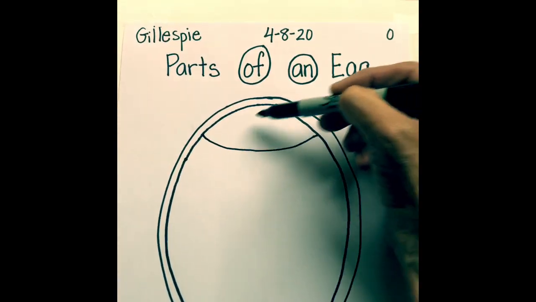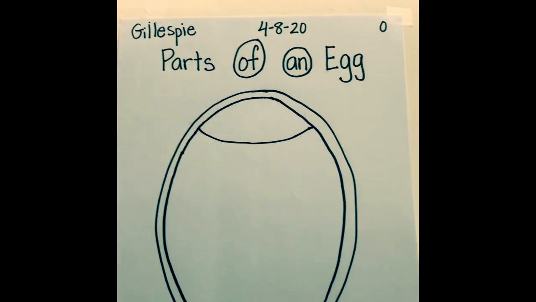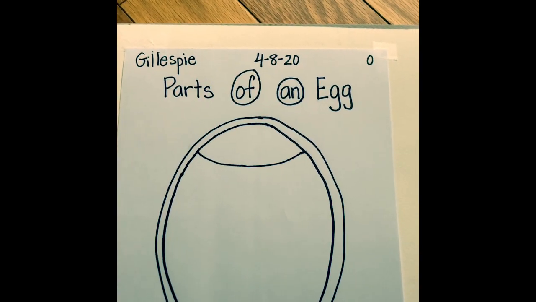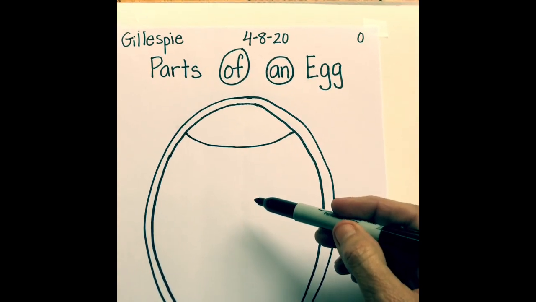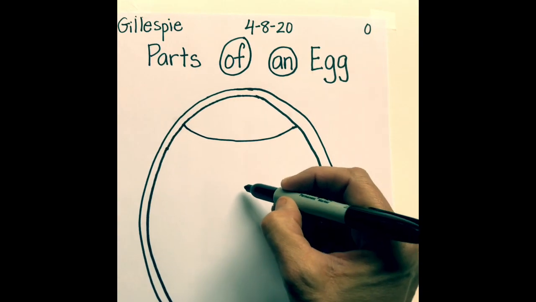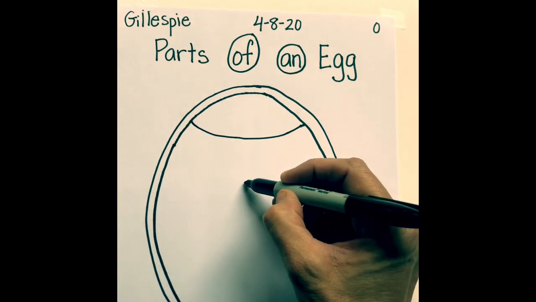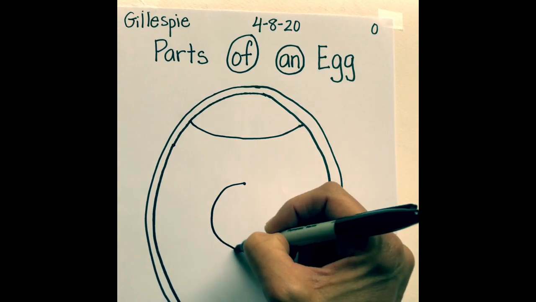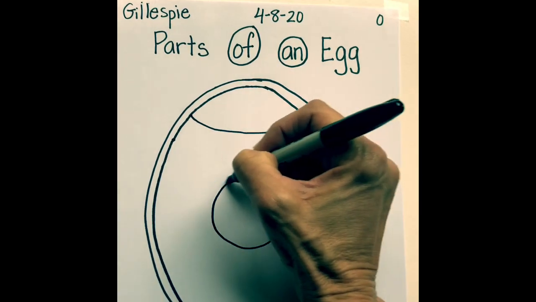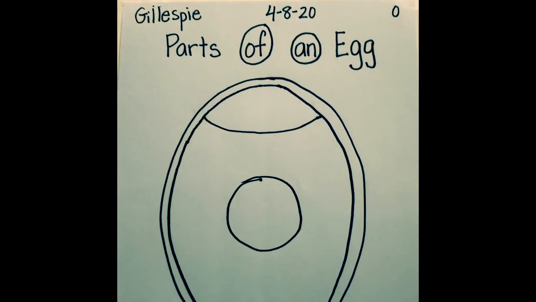And that space in there is the air cell. Then right in the middle of the egg is the yolk. And the yolk is shaped like a circle. So we're going to start here in the middle and make a nice big round circle.